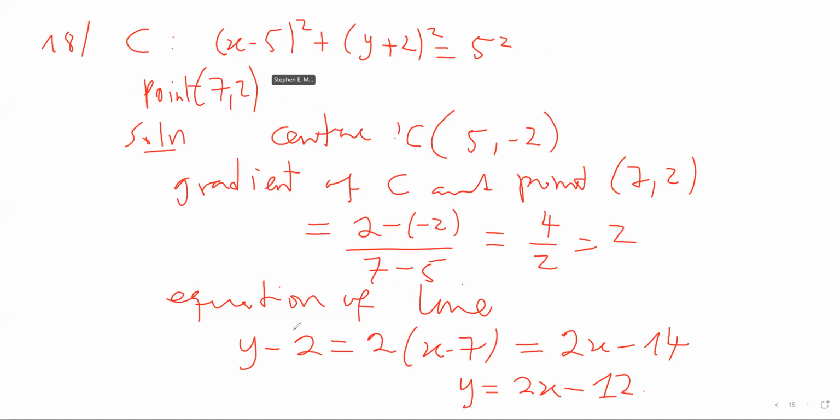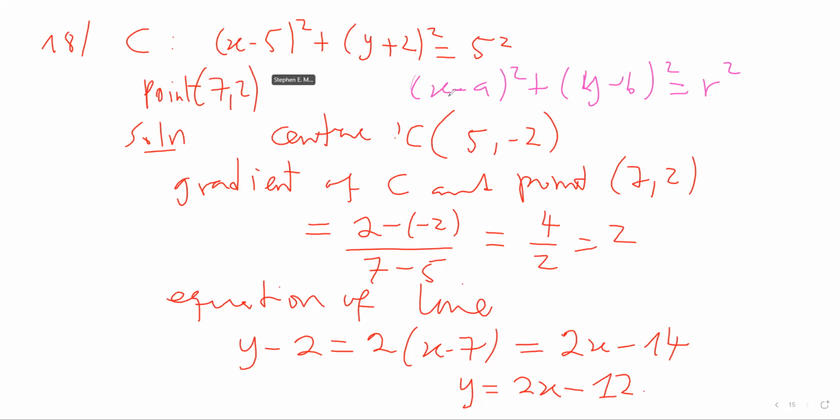You just compare your equation of C that is given to the main equation of a circle, (x minus a) squared plus (y minus b) squared equals r squared, where a and b are the center. So here clearly, a and b are 5 and -2.